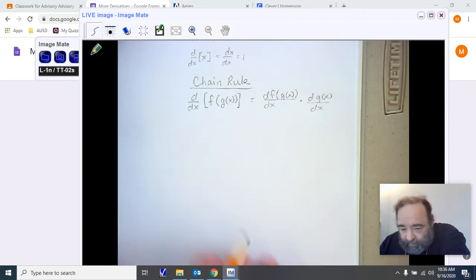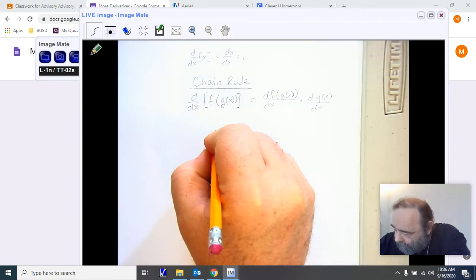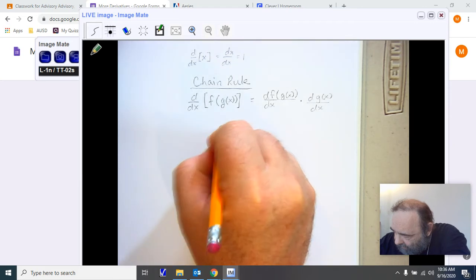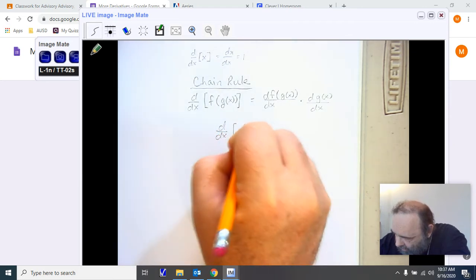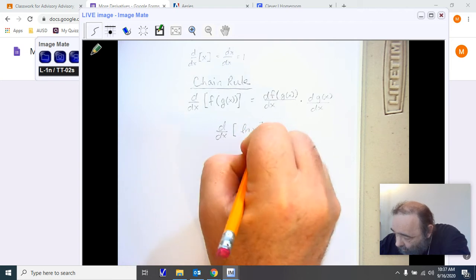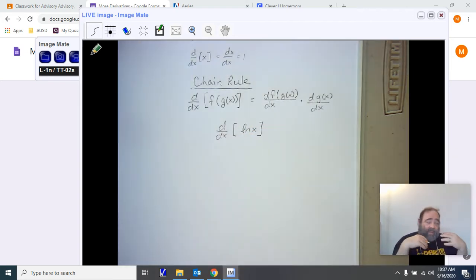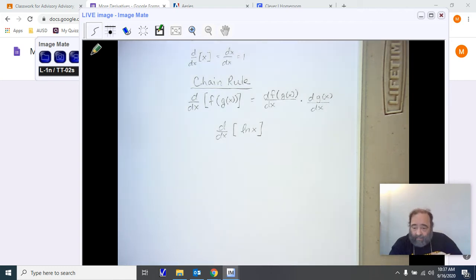So let's take a look at the first rule I want to find. I want to find the derivative for the natural log of x. Why? Well, we've already seen that the derivative of e to the x is itself. And so I'm hoping maybe I can use that in an effort to figure something out.